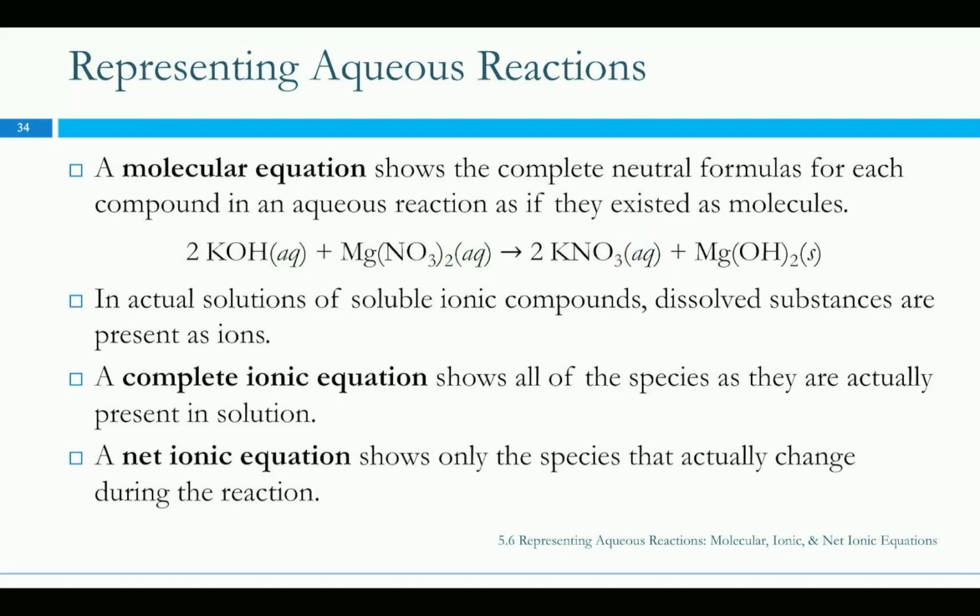Sorry, that's what tells us that we should think of them as separate ions. But the complete ionic equation is the one that shows us all of the species as they actually are in a solution. So we'll separate all of our ions. And then we can talk about the net ionic equation, which shows only the species that actually change, only species that have bonds that break or bonds that form.